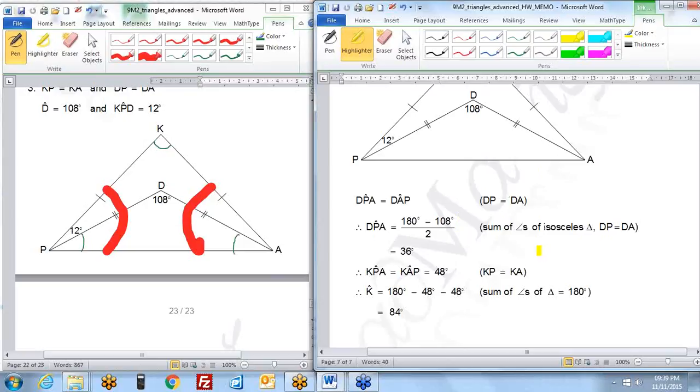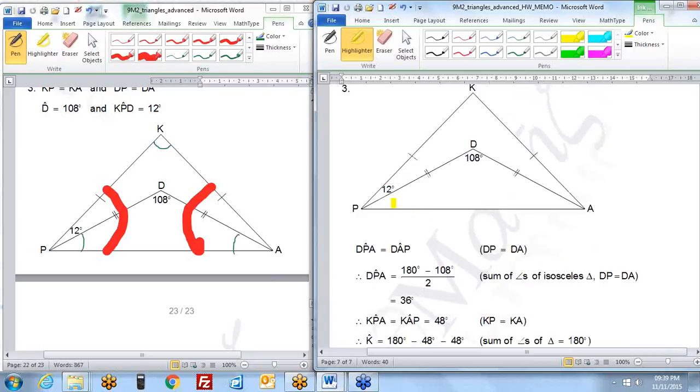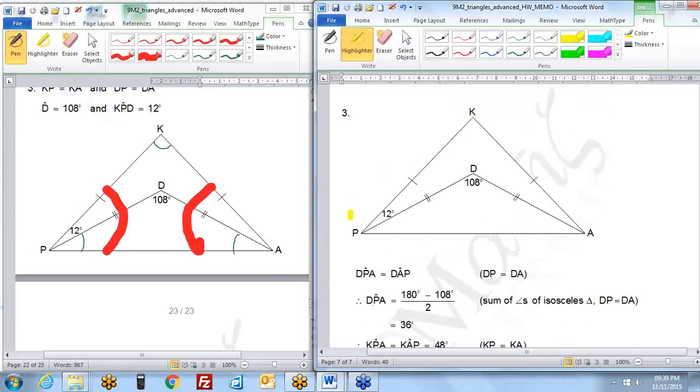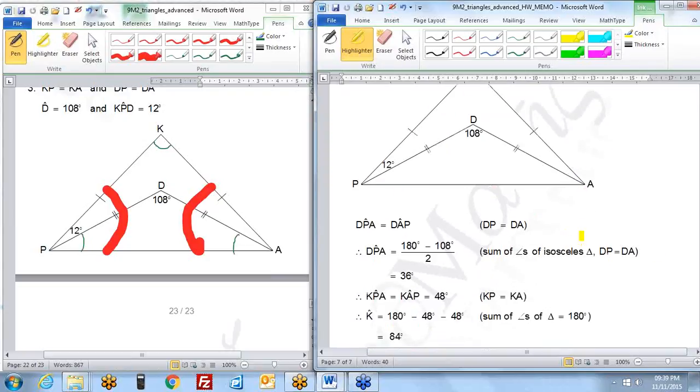The sum of the angles of a triangle adds up to 180 degrees. Then we use the 36 degrees and we add it to 12 degrees. Then we got 48 degrees. So we know that angle KPA equals angle KAP because of KP being equal to KA. Right?